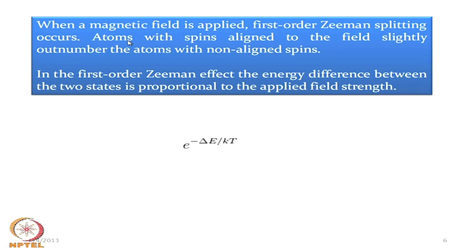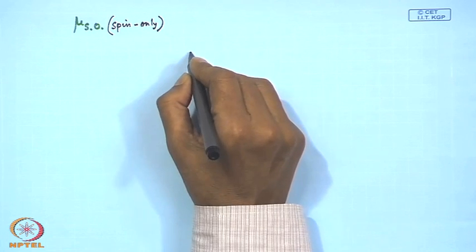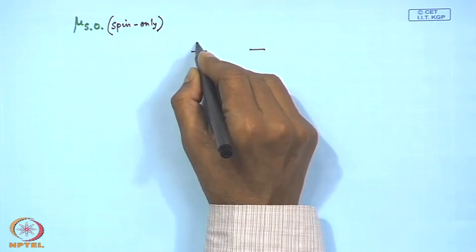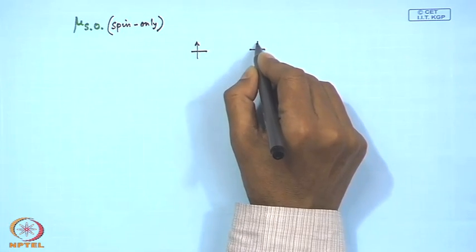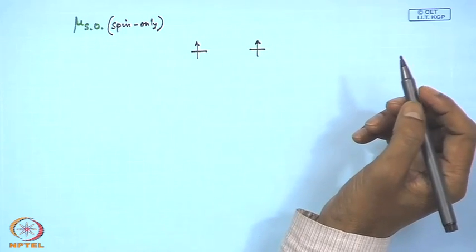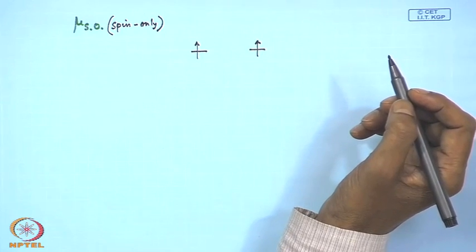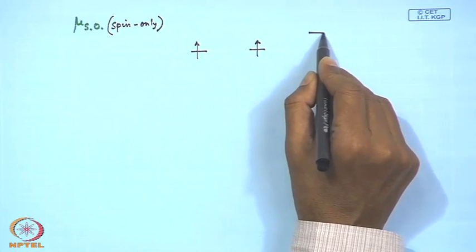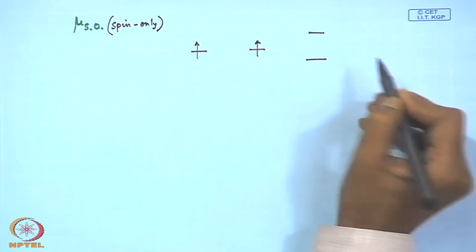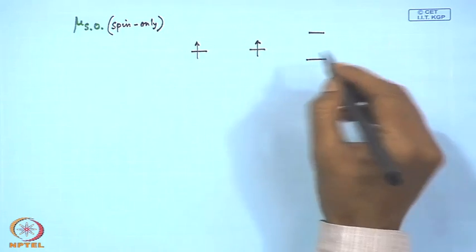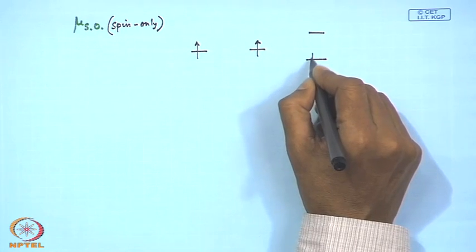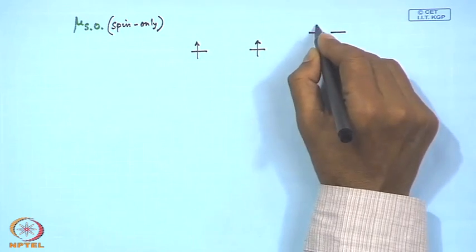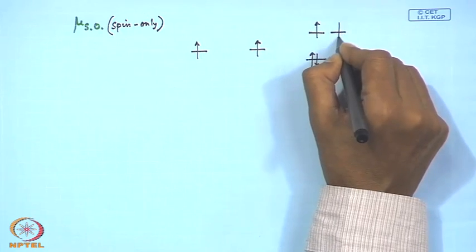If we have two electrons in a particular system, one electron in one orbital and the second electron in another orbital, we can have two possible levels or magnetic levels where these two electrons are either paired or unpaired.